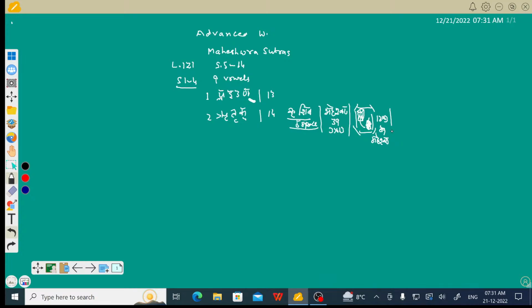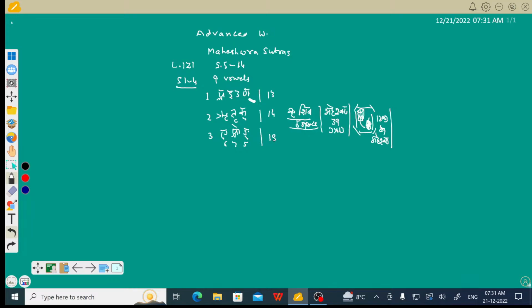The third sutra is coordinating next 2 vowels, and it gives the value 6, 7, 5 as 18. And fourth sutra coordinates the last 2 vowels, and it gives rise to the TC value 19.